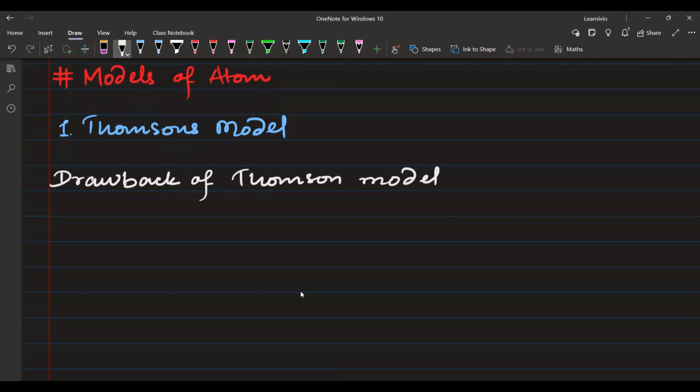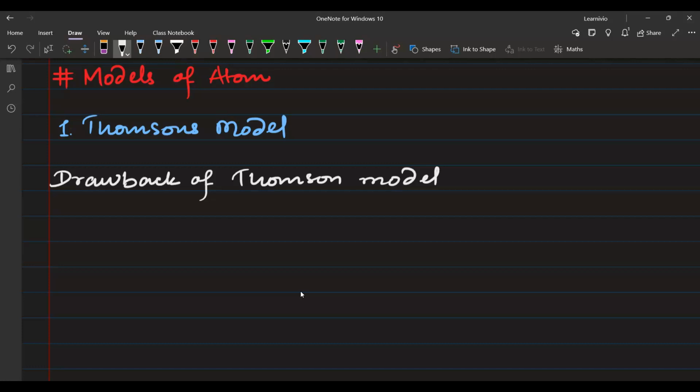When Thomson gave the model, that was the best model available. Later on, when other people, for example Rutherford, gave his model after the experiment of alpha ray scattering, that became the new model, and it then revealed the drawbacks.